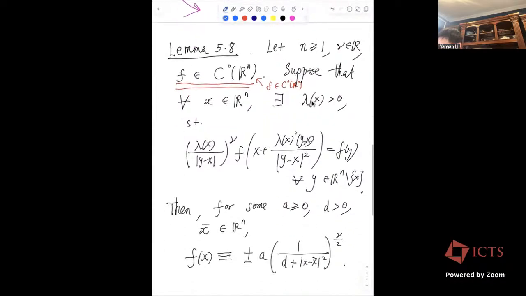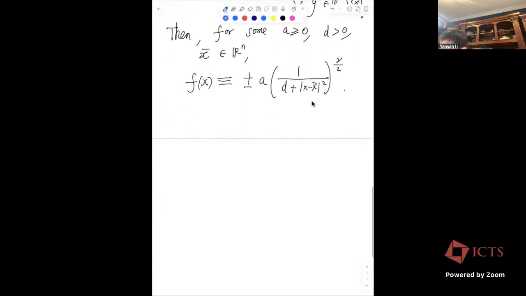I will now just give a proof for when f is C1 instead of C0. You need to do some more work if f is C0. Okay, so if f is C1, we give a proof.